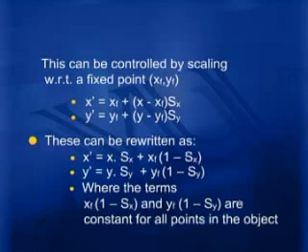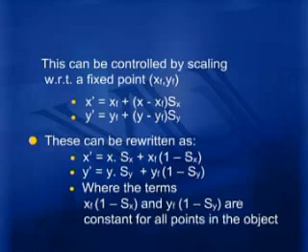And in that case, how can x dash and y dash be calculated? x dash is equal to xf plus x minus xf times sx, where xf and yf give us the coordinates of the fixed point with reference to which we are going to scale the object. So x dash would be xf plus x minus xf times sx, and y dash would be yf plus y minus yf times sy.